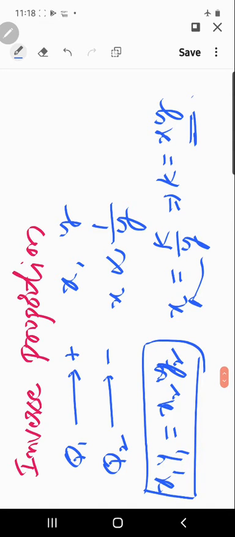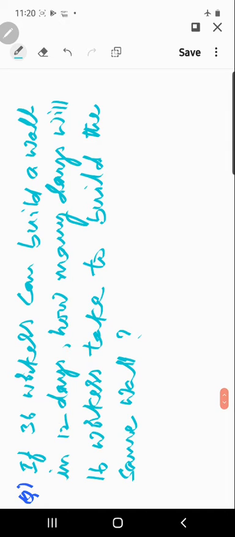Now I'll explain one problem. If 36 workers can build a wall in 12 days, how many days will 16 workers take to build the same wall? Here again, first find the two quantities and draw the table. After that, fill in the quantity values. Then we have to check whether the two quantities are in direct proportion or inverse proportion.